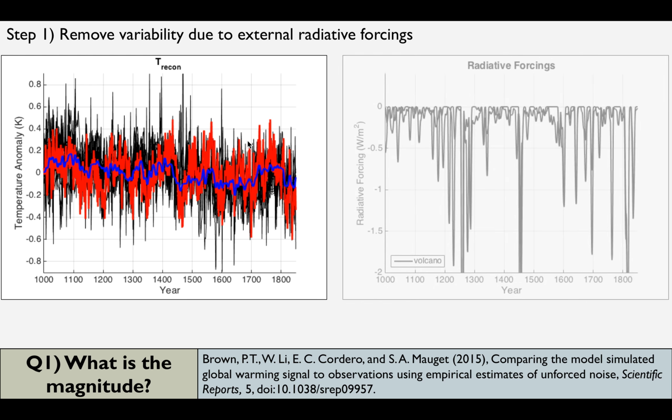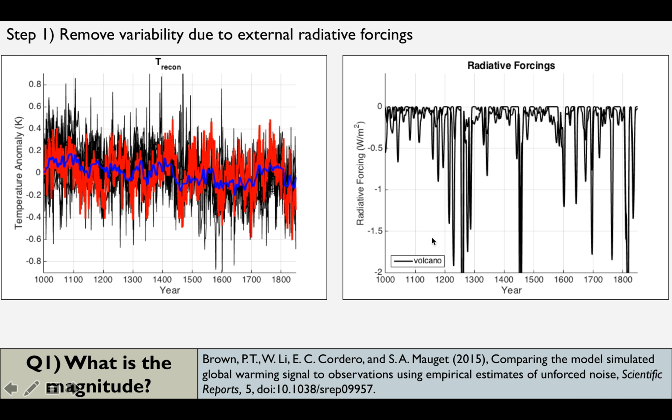So the relevant external forcings over that time period are forcings from volcanic eruptions. So these are two different estimates of the negative volcanic eruption aerosol forcing that you get over that time period. There's also greenhouse gases, which varied over the time period.